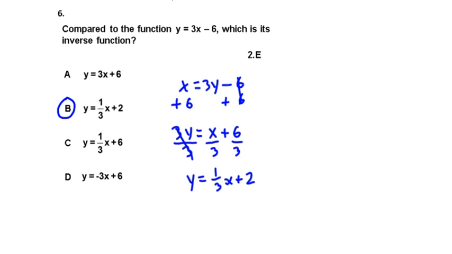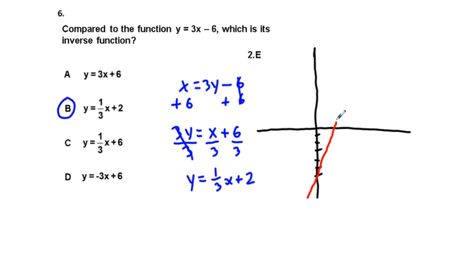We could likewise graph these functions in a calculator, and if we graph them, we get this. y equals 3x minus 6. Well, that's going to be 2, 3, 4, 5, 6. We're going to have a slope of 3, y-intercept of negative 6, so it's going to look something like this.